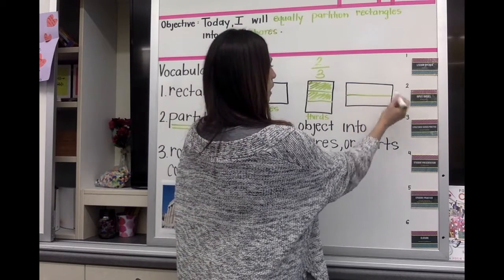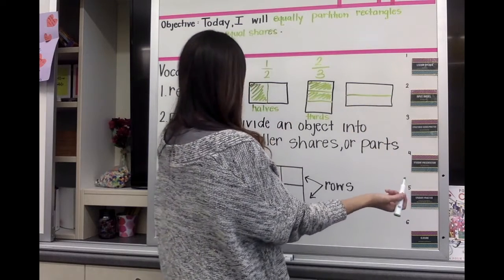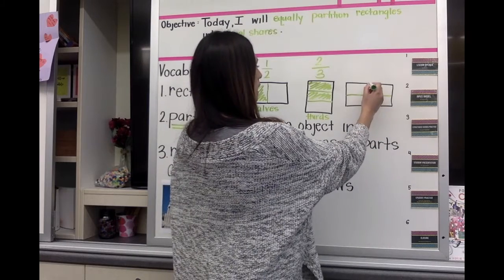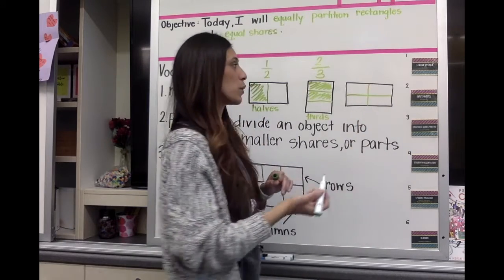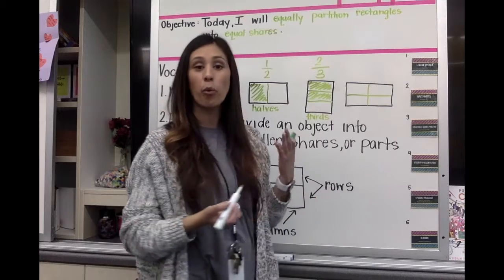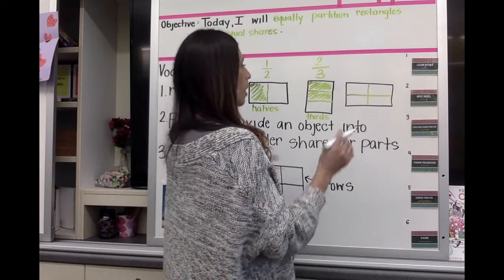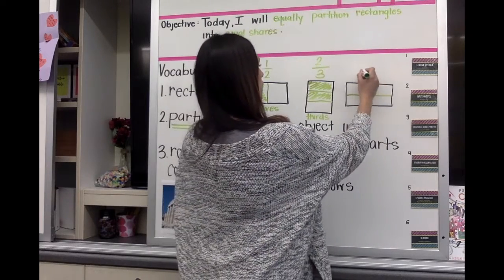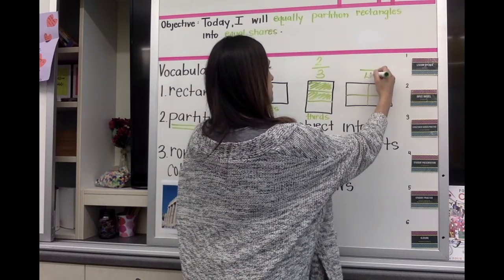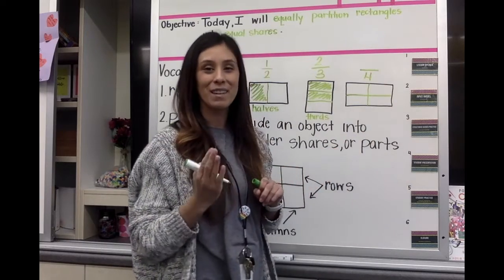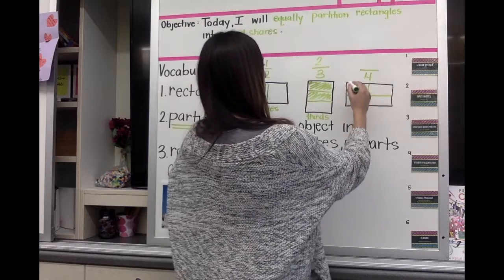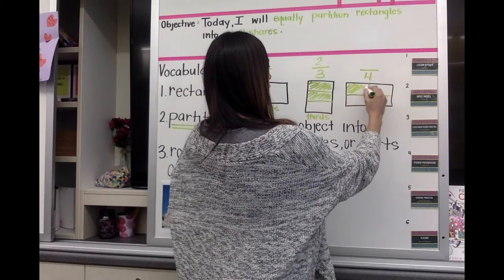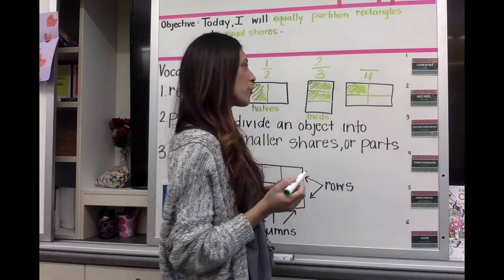And then I'm going to come to this last rectangle, and I am going to partition it into fourths. I start by making 2 rows, and then I'm going to also do 2 columns. So now I have 4 equal shares, almost equal. If there are 4 parts altogether, my denominator is 4. And then I'm just going to shade in 1 of the 4 shares.